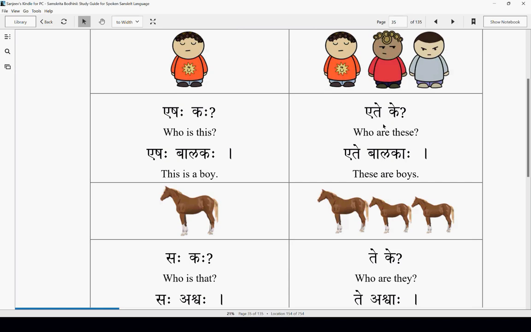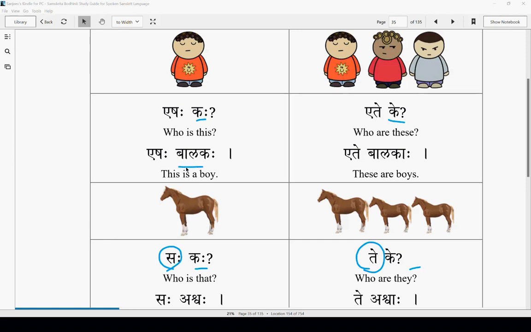So note that in bahuvachanam, eshaha in ekavachanam changes to ete, and saha in ekavachanam changes to te. Similarly, kaha, the question, changes to ke in bahuvachanam.